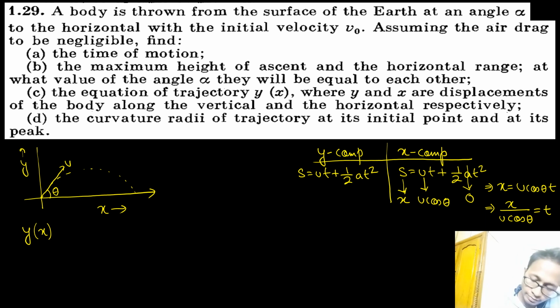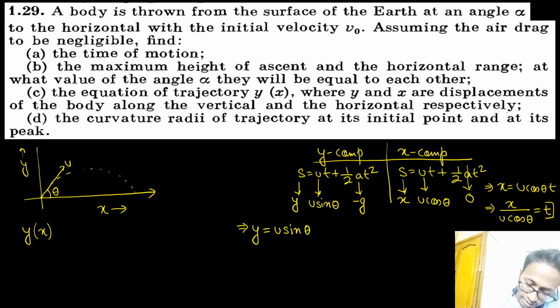Now see, from this y component of equation, what do I get? S here is nothing but y. U here is nothing but u sine theta. A here is nothing but minus g. Okay, see, t here. Can I substitute this t here? Of course. So y is equal to u sine theta into t. What is the value of t?